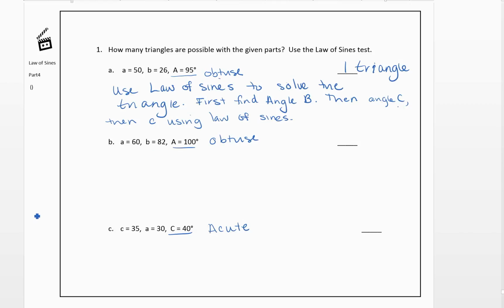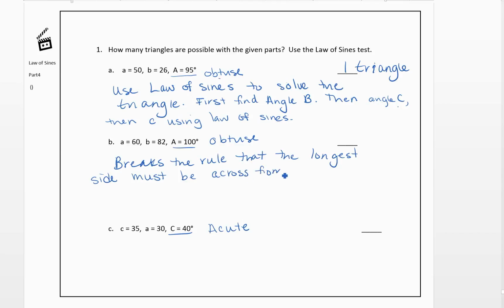So that breaks the rule that the longest side must be across from the largest angle, so no triangles are possible. So let's say there are 0 triangles possible.